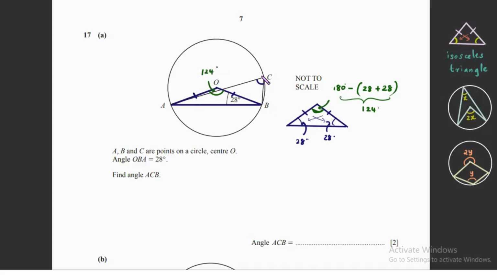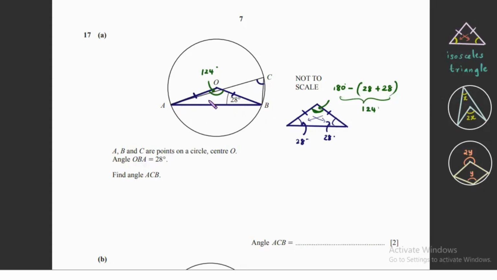Now I need to find what ACB is. ACB is an angle that is formed using the same points A and B, but on the circumference, whereas this angle AOB is formed by the same two points, A and B, at the center. Which means we can use the circle theorem that the angle at the center is twice the angle at the circumference of the circle, formed by the same arc or the same chord.